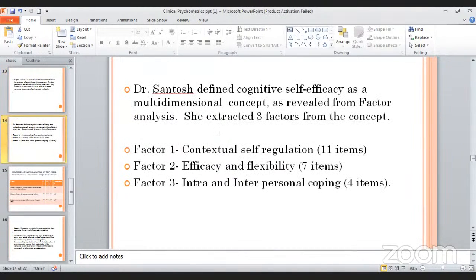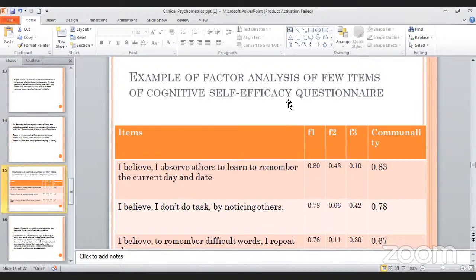Dr. Santosh defined cognitive self-efficacy as a multidimensional concept, and she revealed 3 factors from this pool of items. Factor 1 is contextual self-regulation, factor 2 is efficacy and flexibility, and factor 3 is intra and interpersonal coping. Here is an example of 3 items for your understanding.